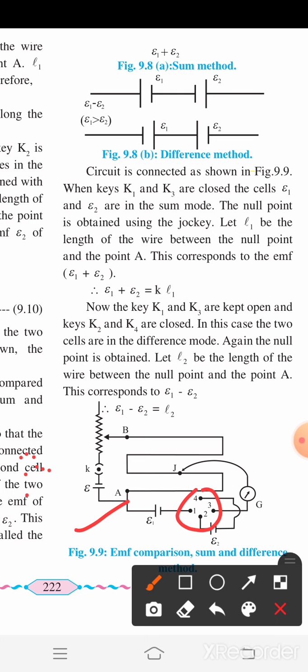That jockey can slide over wire AB to get the null point using the first method, that is the sum method.